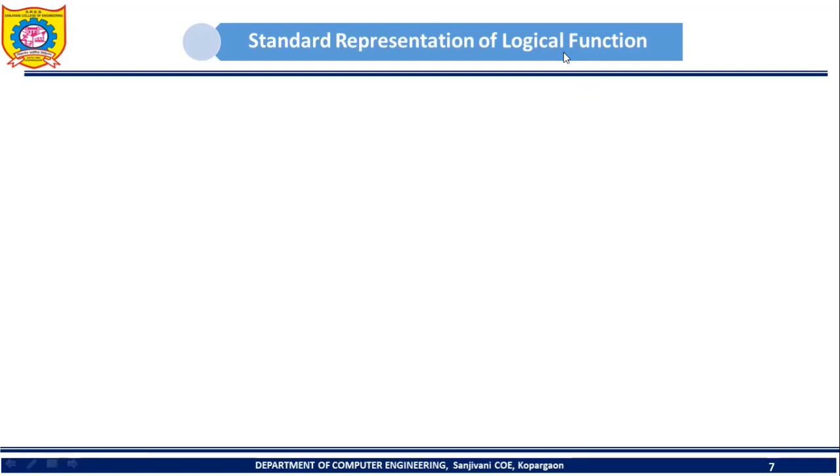Suppose we are given some problem statement and it is asked to design a digital circuit for that problem statement. We already considered such an example in the previous lecture.